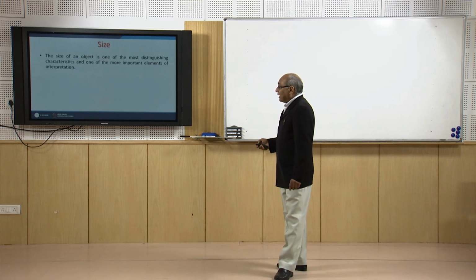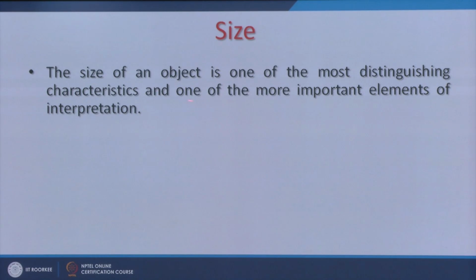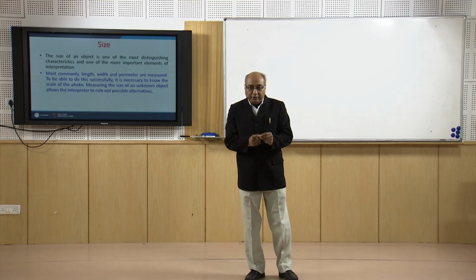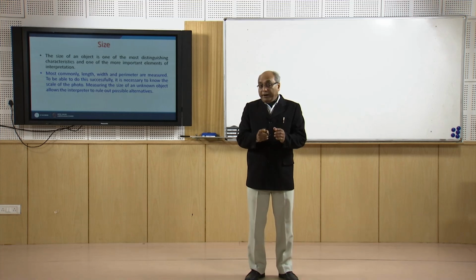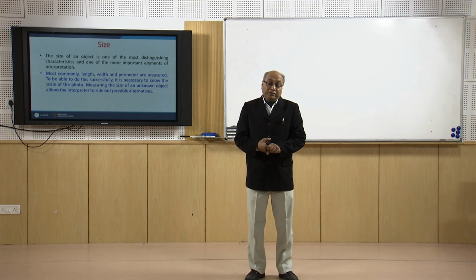Then next is the size. The size of an object is one of the most distinguishing characteristics and one of the more important elements of interpretation. Now this size has to be understood because it will depend on the spatial resolution of your satellite image.